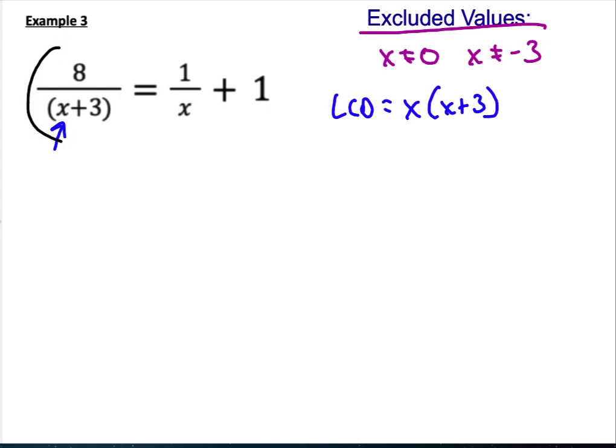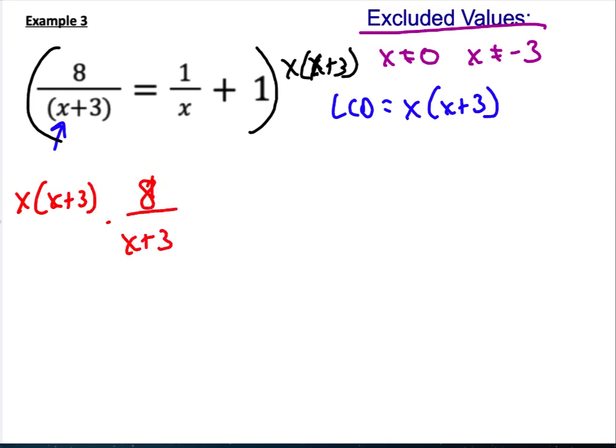So I multiply everything times x times x plus 3. So I have x times x plus 3 times 8 over x plus 3. I have x times x plus 3 multiplied times 1 over x.